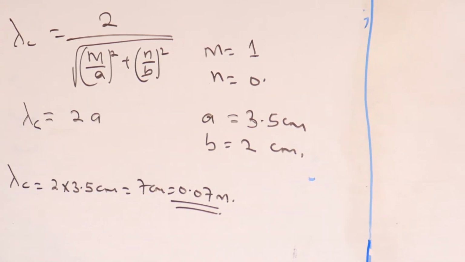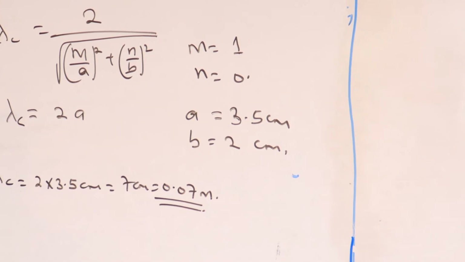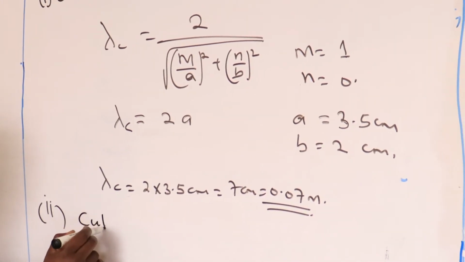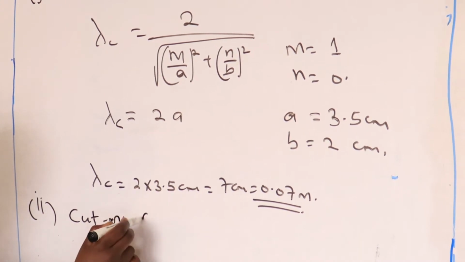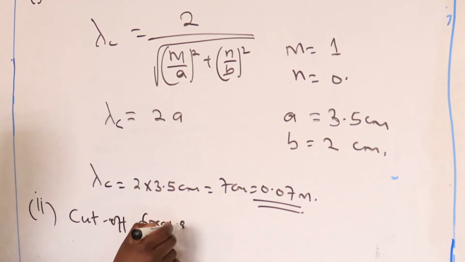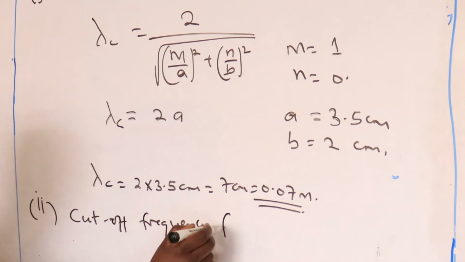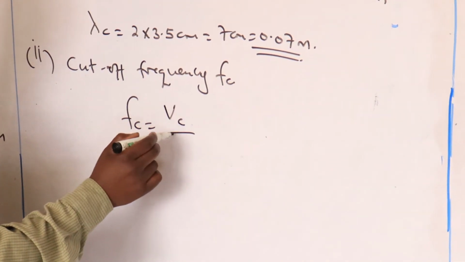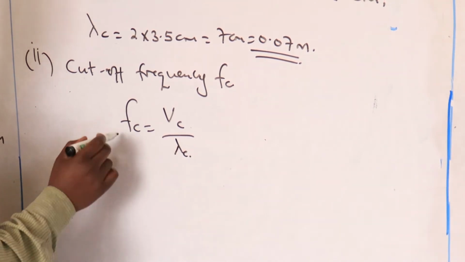So Roman 2 was asking us to determine the cut-off frequency. Remember, fc is supposed to be vc over the cut-off wavelength.